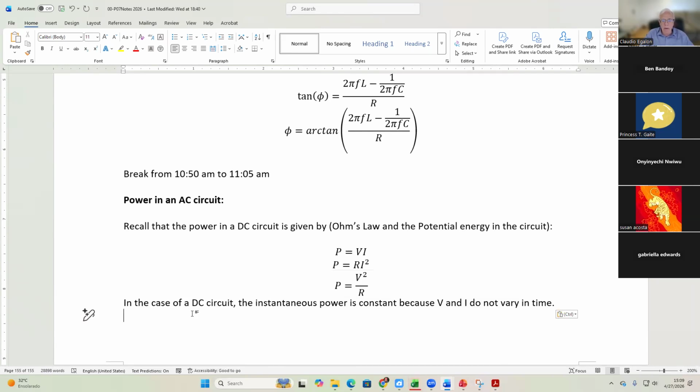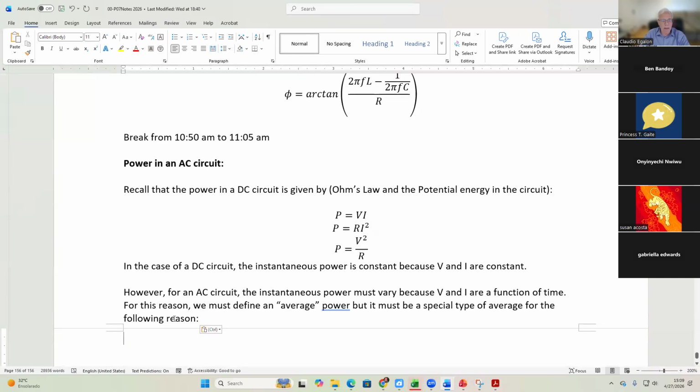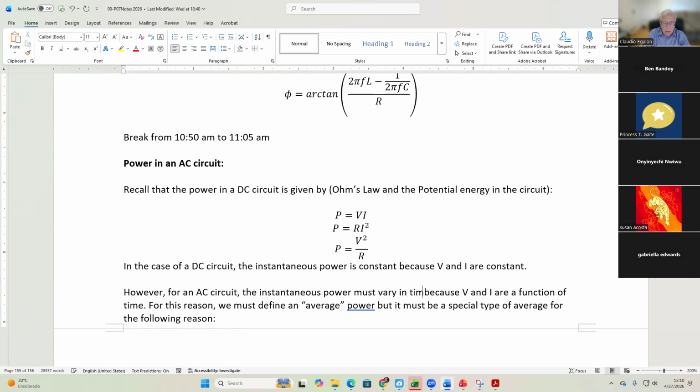The instantaneous power is constant because V and I are constant. While in the AC circuit, the power must vary because V and I vary with time.